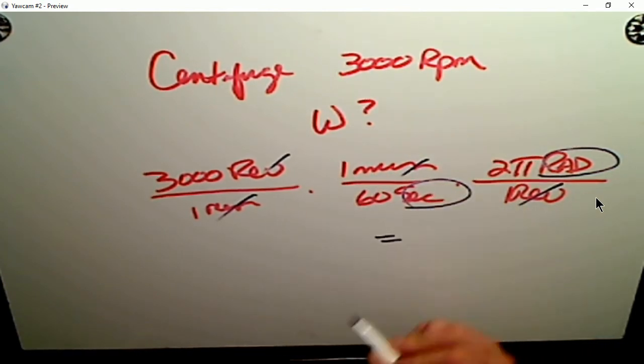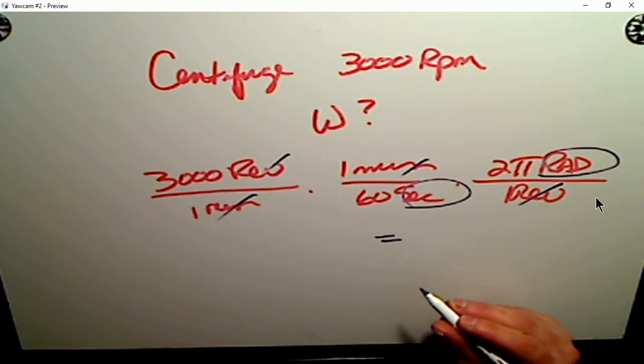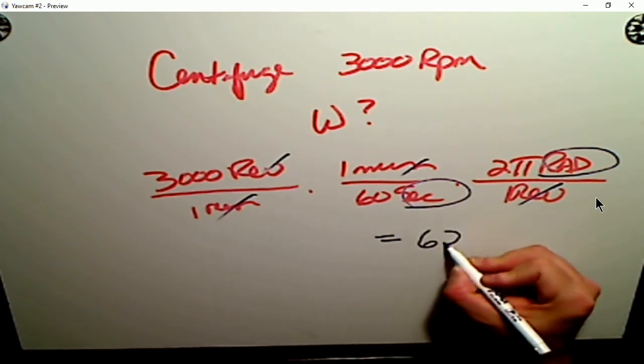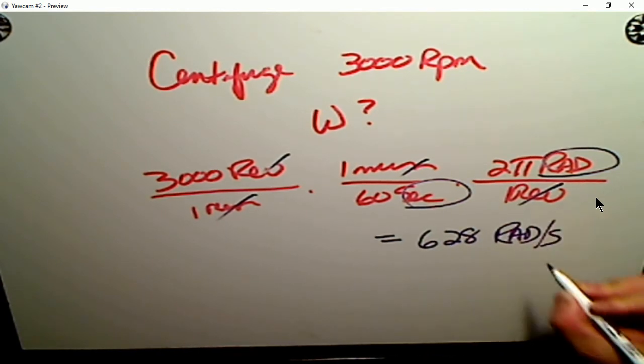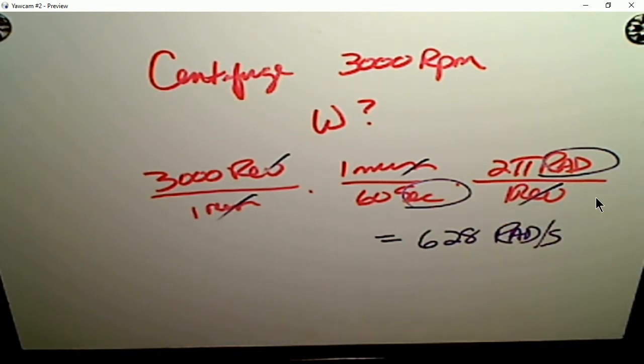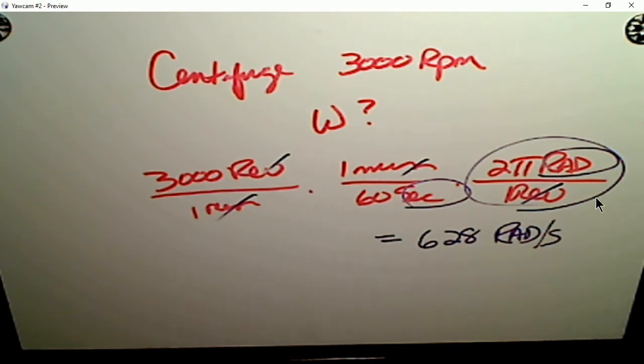So if I do the math on that, 3,000 times 2 times pi, and then divide it by 60, you'll get 628 rads per second. Fairly straightforward. So know this particular conversion factor, and you should have no problem with these type of problems.